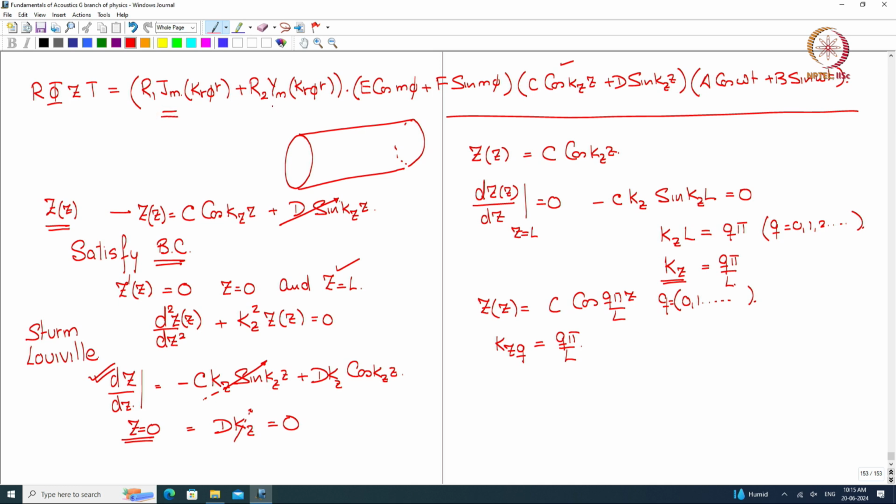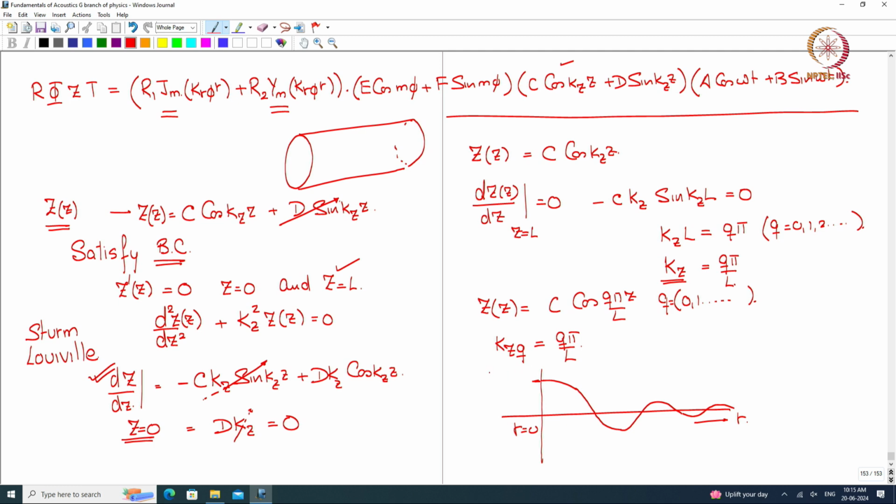Jm and Ym, and let me just show you here. The J0 behaves like this. It starts off at a non-zero value at r equal to 0, and then it starts to oscillate, goes through zeros and then maxima, and then zeros and maxima, oscillating and decaying.